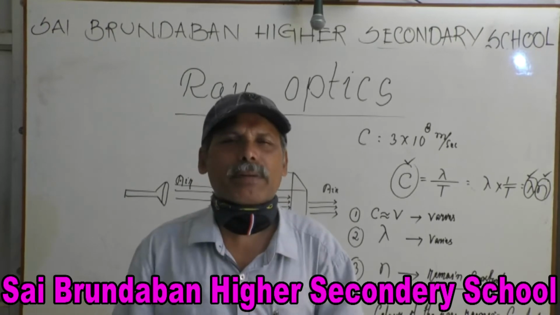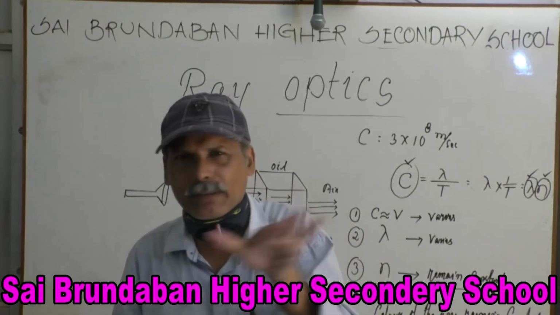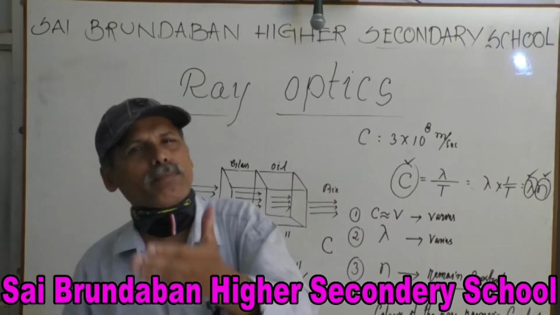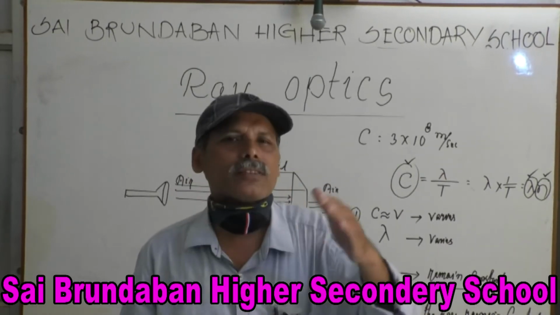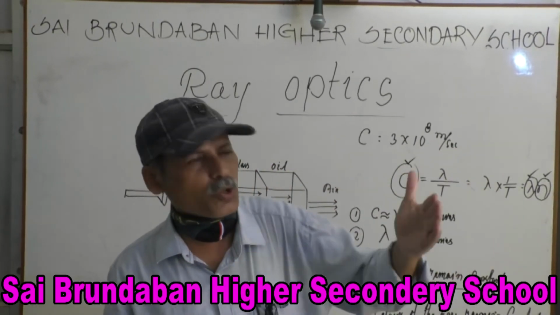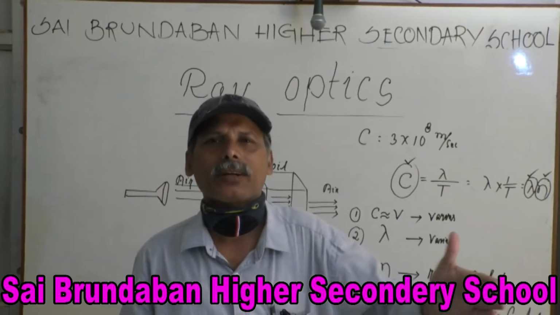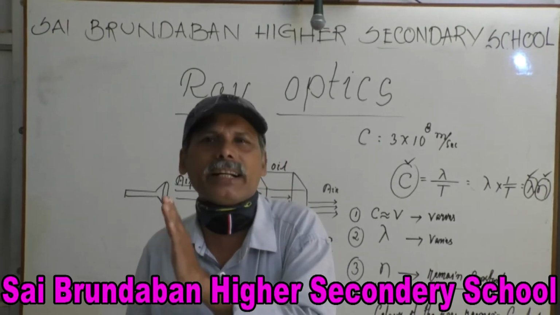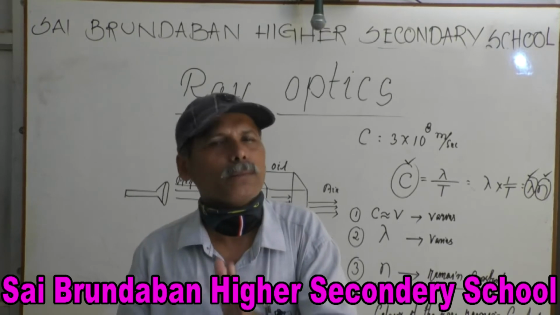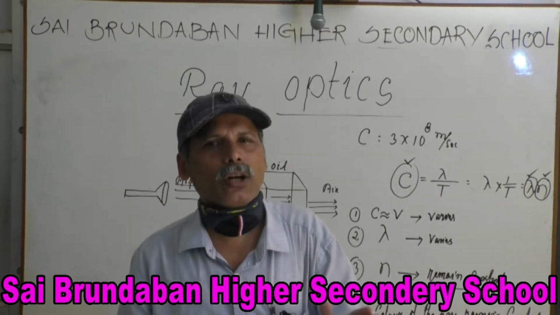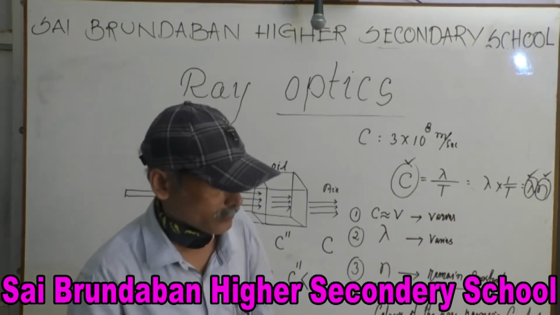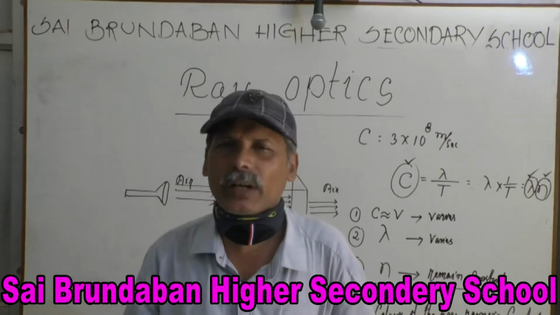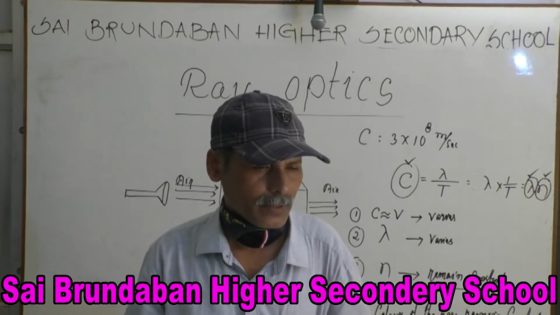The visible rays are situated between ultraviolet and infrared rays. That's why the color begins from violet to red. Because it is so close to infrared, the color is red. And the starting is ultraviolet, so close to ultraviolet the beginning layer is violet, indigo, blue, green, yellow, orange, red. So clearly we come to know that light is an electromagnetic wave. This is an important point.